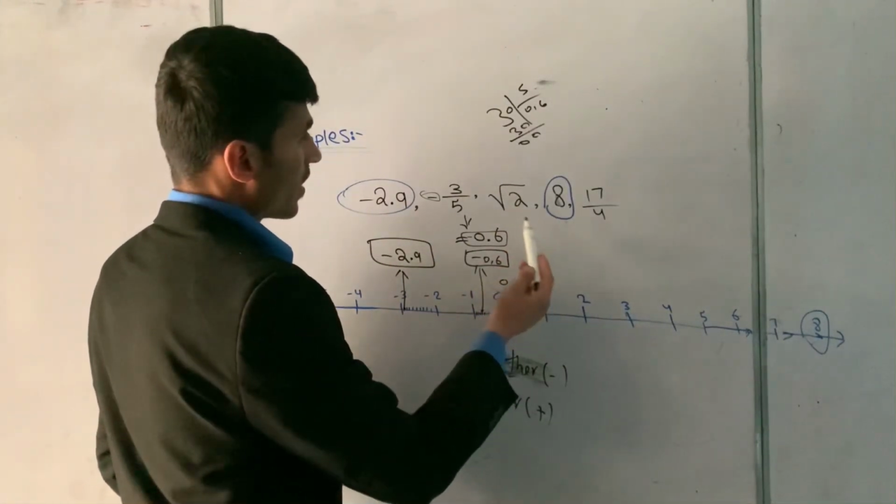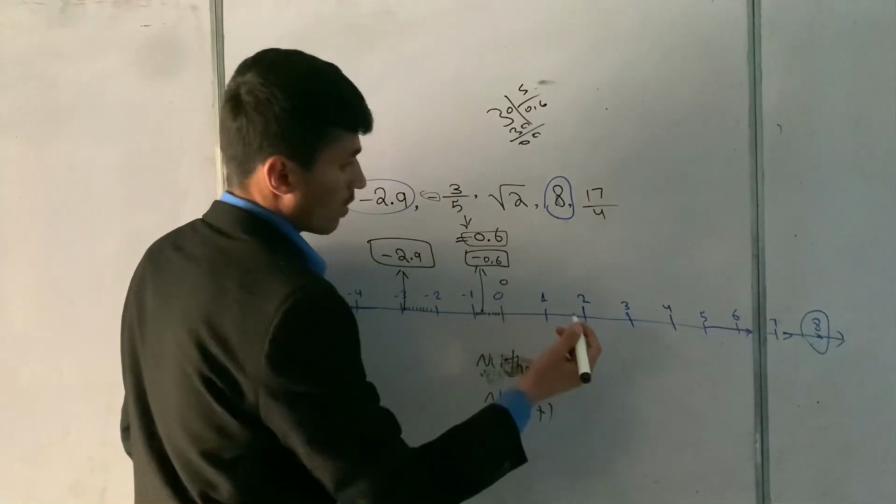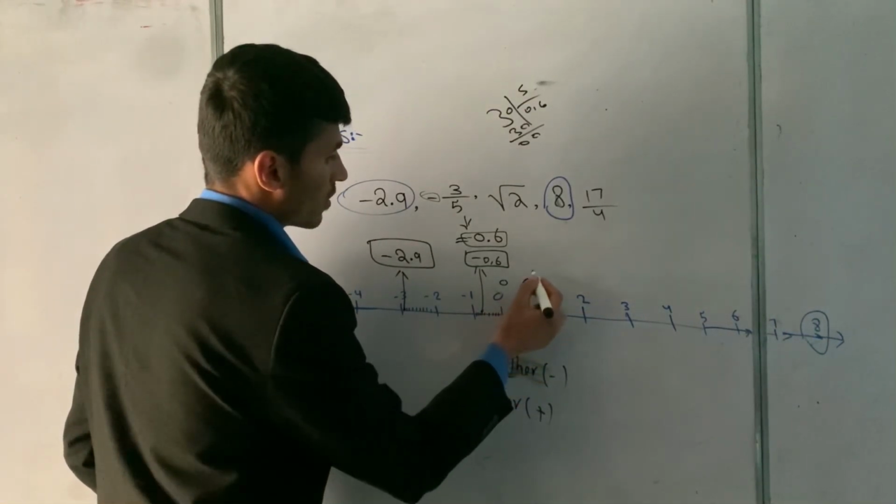Next, the square root of 2. If you solve this, it becomes 0 point something, but positive. Maybe lying here.